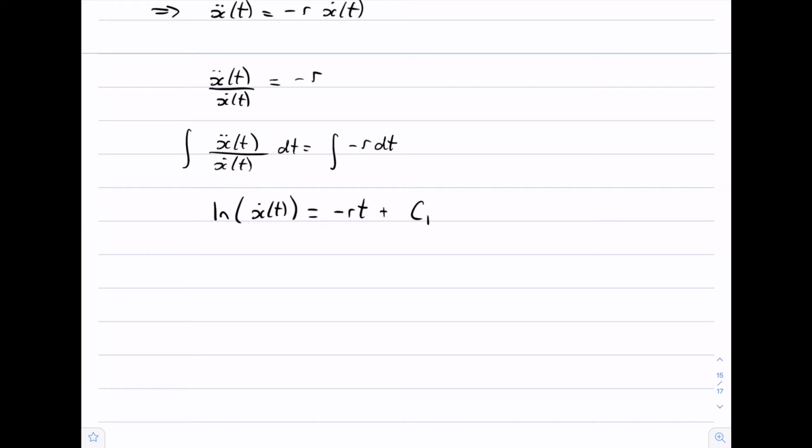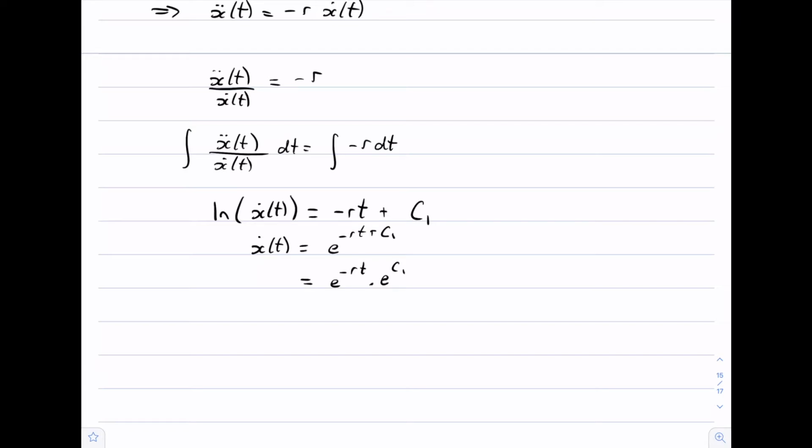Okay, but we want to get x by itself. So that means we first have to get x dot by itself. So let's exponentiate both sides to get rid of the log. That gives us e to the minus rt plus c1. We're going to split this up as the following, using our index laws.